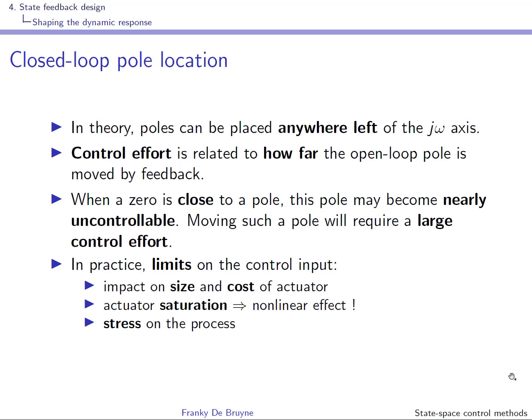There are other effects also. If the control effort is too nervous, you might have some limits on the gradient of the input signal, of the actuator signal. And if you go above this gradient, you might put stress on the process.